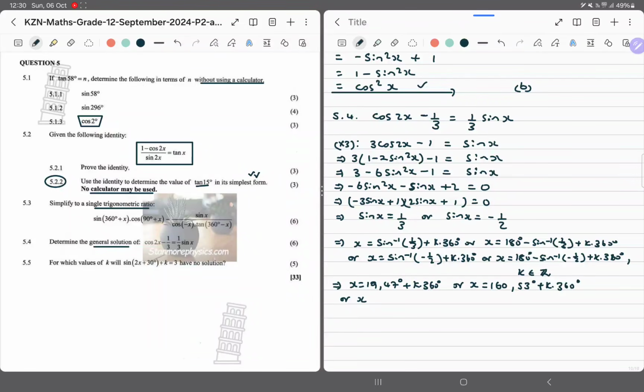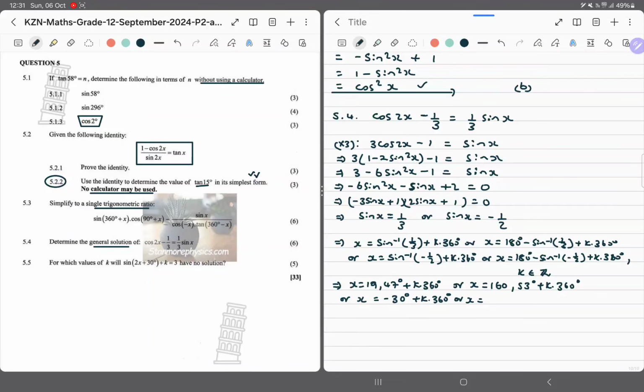So shift sine of minus 0,5 is basically minus 30 degrees. So this is going to be x equals minus 30 degrees plus k times 360 degrees, or x will be, now what do we know?